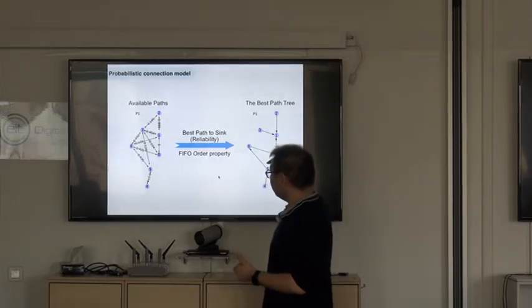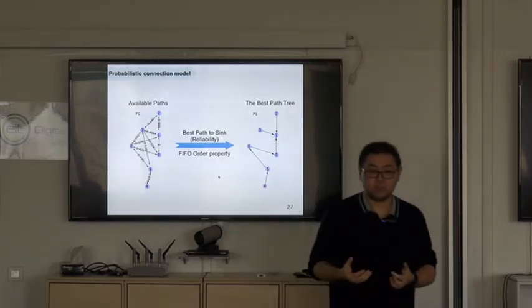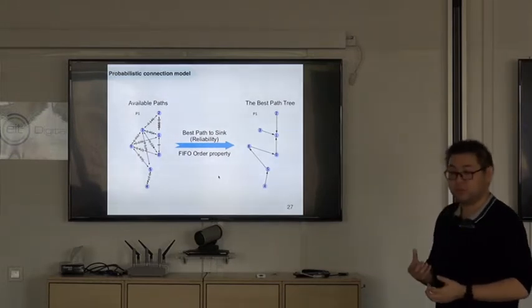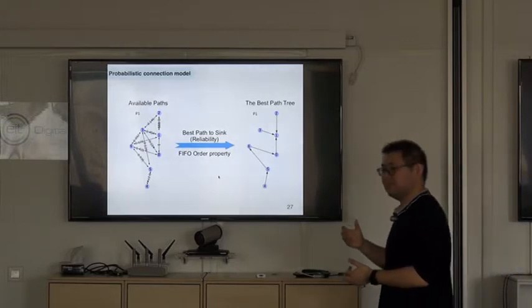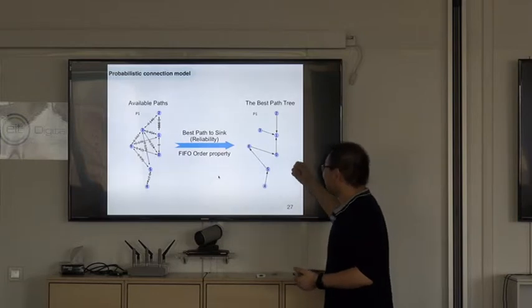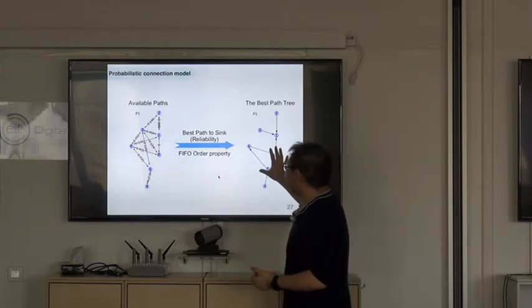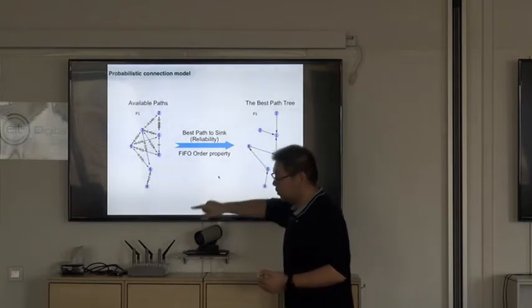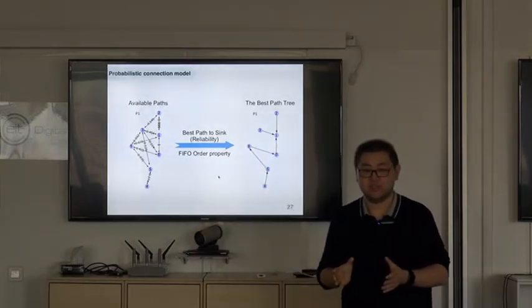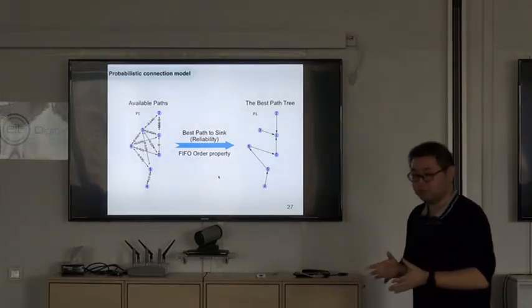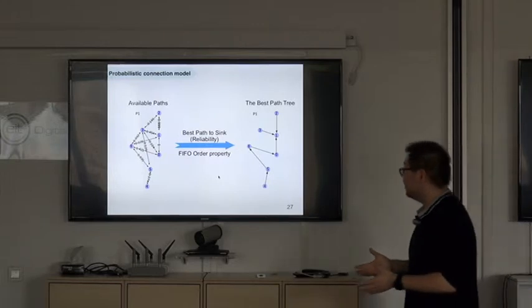Because if this is a tree, then there is no multi-path in the transmission. So the first-order property will be guaranteed automatically.